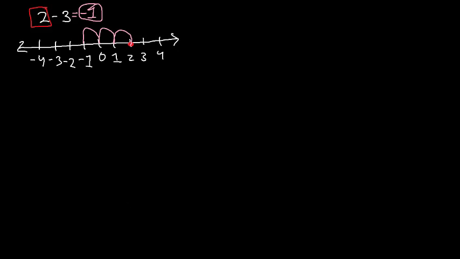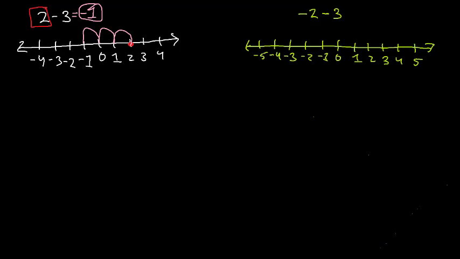Okay, now let's work on a little bit harder question. The next question we're going to do is negative 2 minus 3. We're going to work this out on a number line again. I'm going to draw a number line and label it really quickly. Now that I've labeled it, we're going to start doing the question.